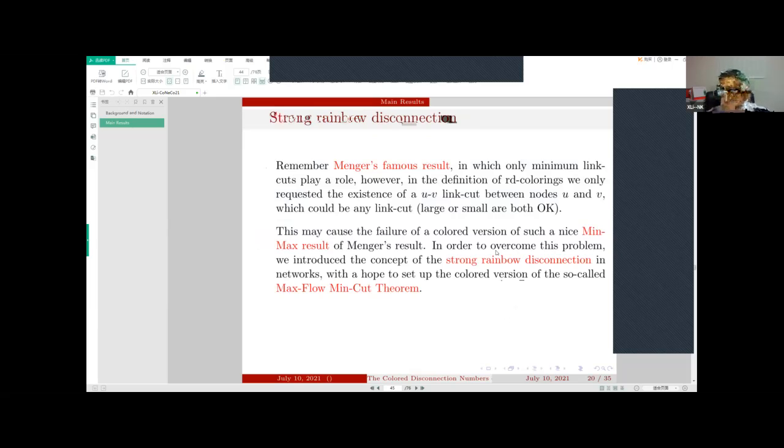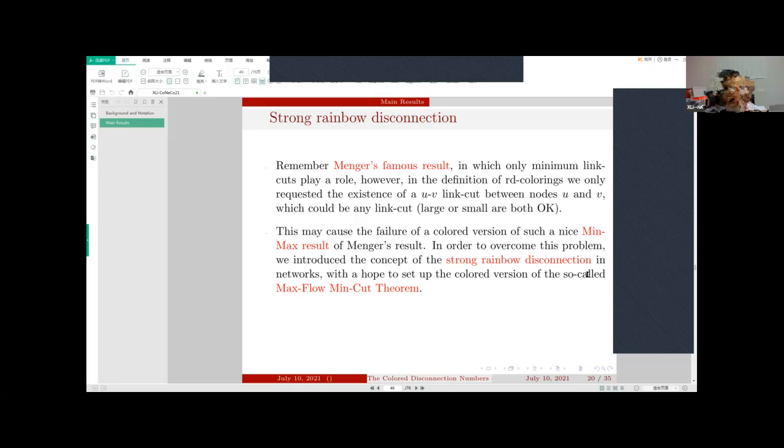And now we consider another kind of strong rainbow disconnection number. Because just now we said if there is a rainbow cut separating a pair of vertices or nodes, but now we need a minimum cut, a rainbow minimum cut to separate them.